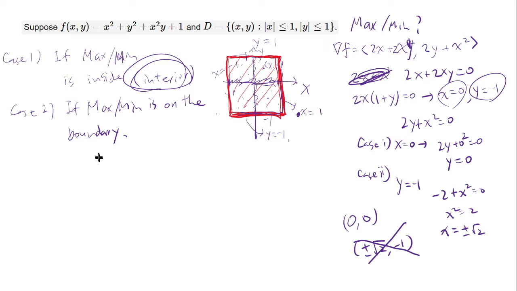Now for the other case, when max or min may happen at the boundary, you might think, well, say x equals 1. That's a constraint. Gradient of x would be, if you differentiate by x, it's 1, but if you differentiate by y, it's 0. So you might say, here's our gradient, and this should be some lambda times this.